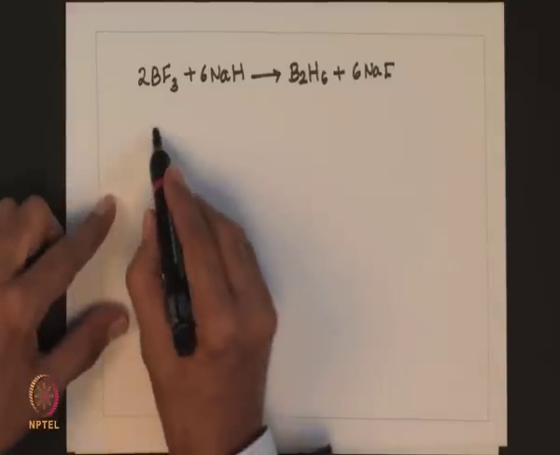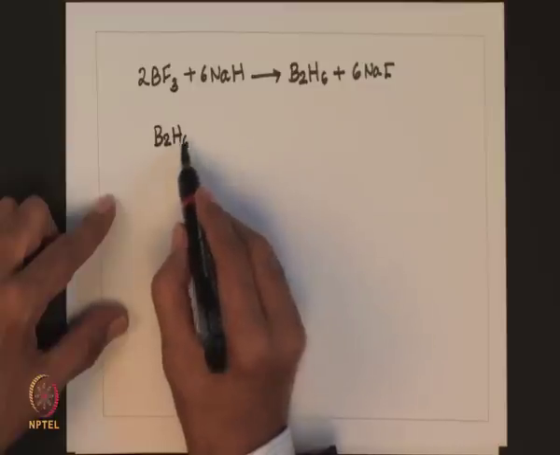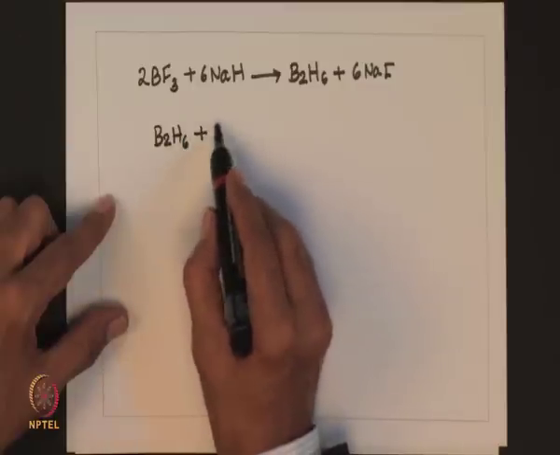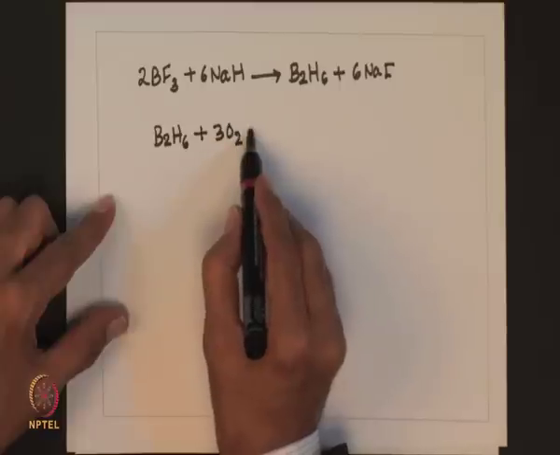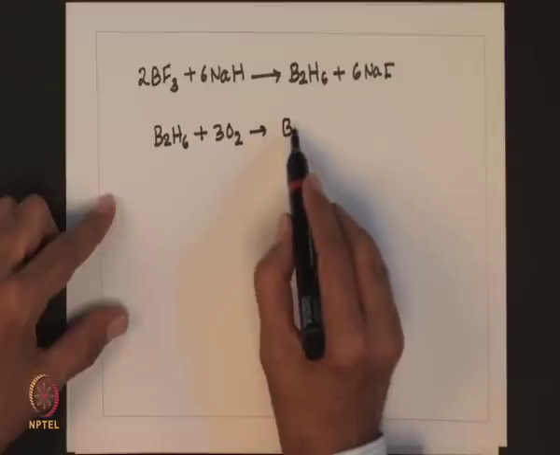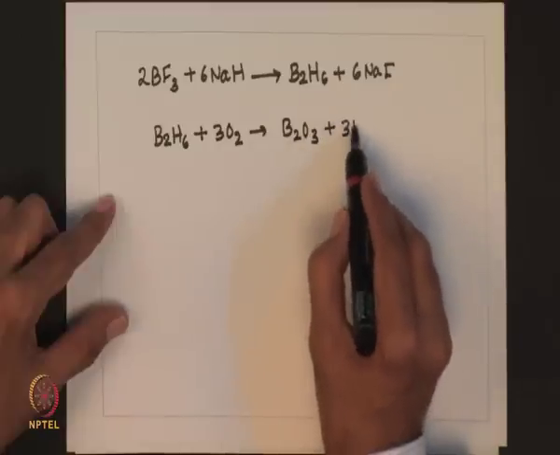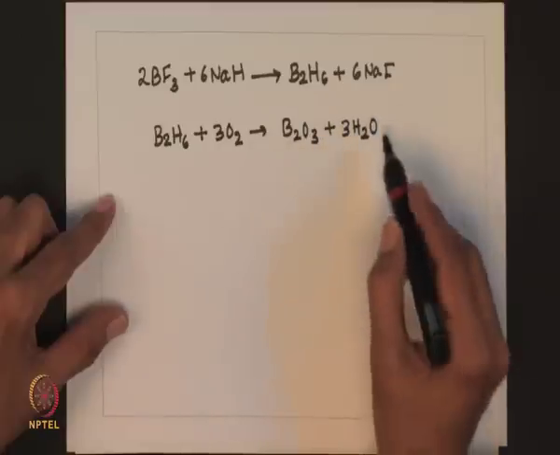For example, when B2H6 is subjected to oxidation or interaction with oxygen, it forms boron trioxide and 3 molecules of water will be formed.